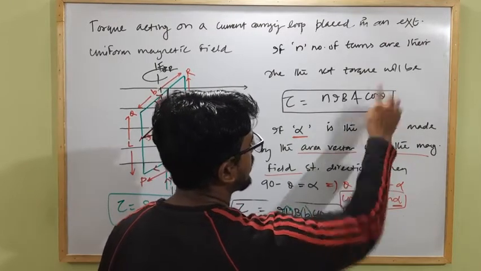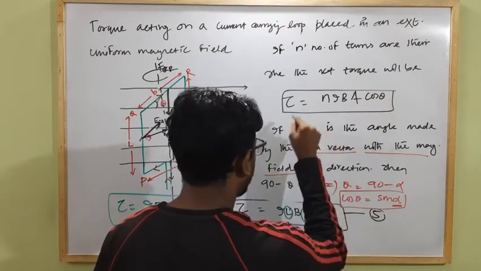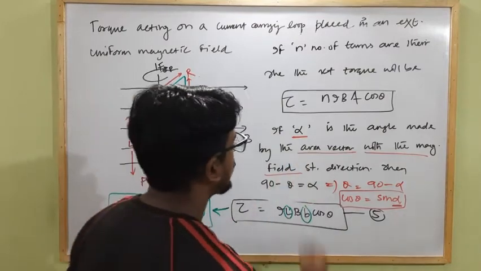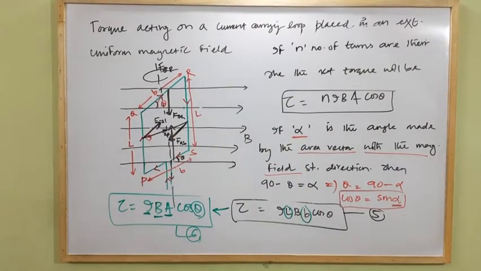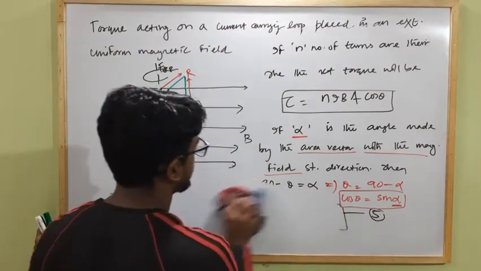So this will be the expression for torque in terms of angle between plane of the current carrying loop and magnetic field strength, and if we replace theta in terms of the alpha, which will be the direction angle between the area vector and magnetic field strength, the expression will become how much?